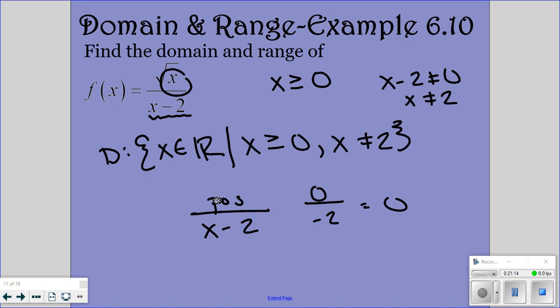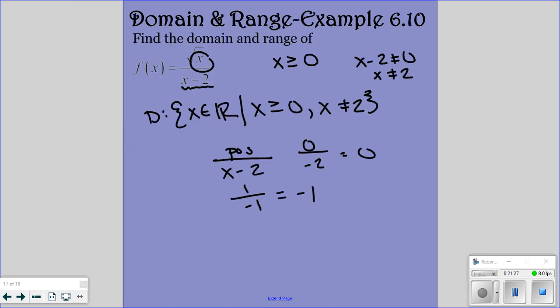If I plug in, let's say 1, 1 minus 2 would be negative 1. 1 over negative 1 is negative 1. So I can get a negative number. I'll plug in 10. 10 minus 2 is 8. That's a positive number, right? 10 over 8. So I got a negative number here, I got positive numbers, and I got 0.